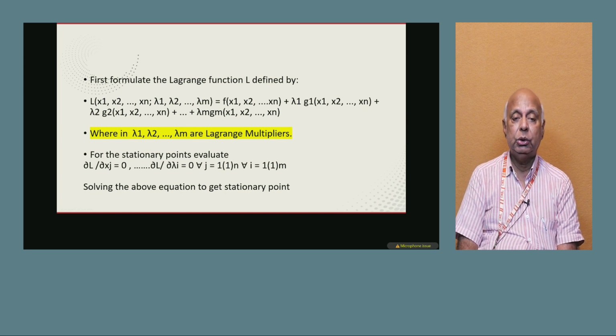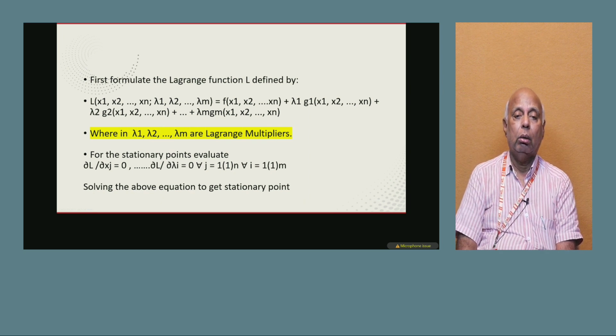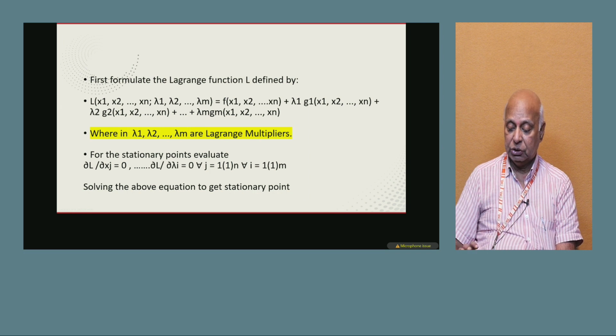Lambda 1, lambda 2, lambda 3 and so on are all called the Lagrangian multipliers. To have the stationary values, we find the partial derivatives with respect to all parameters involved in L and equate them to 0.